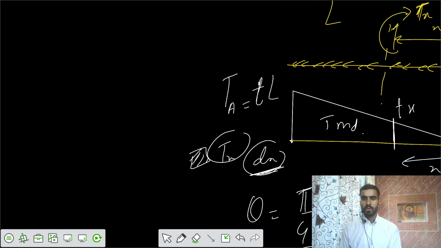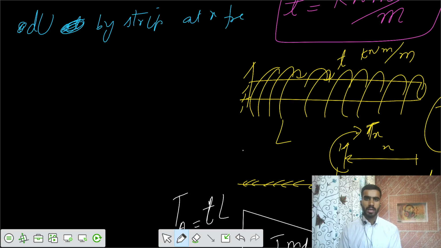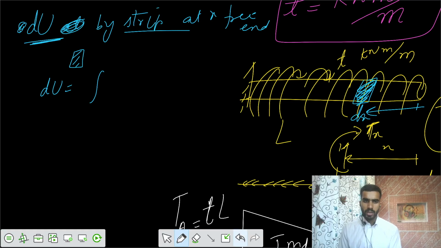Now, the strain energy at any x, because of this uniformly distributed torque: what is the small strain energy stored by a strip of dx at x from the free end? Small dU equals 1 by 2 T d theta.